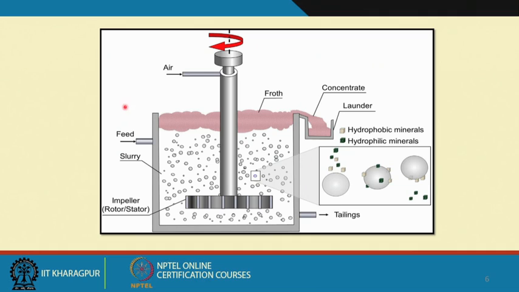And ultimately, when the bubble has reached the froth stage, the majority of these hydrophilic minerals will have been dislodged and will come back to the flotation cell, and that is how you are selectively carrying your hydrophobic minerals upward.